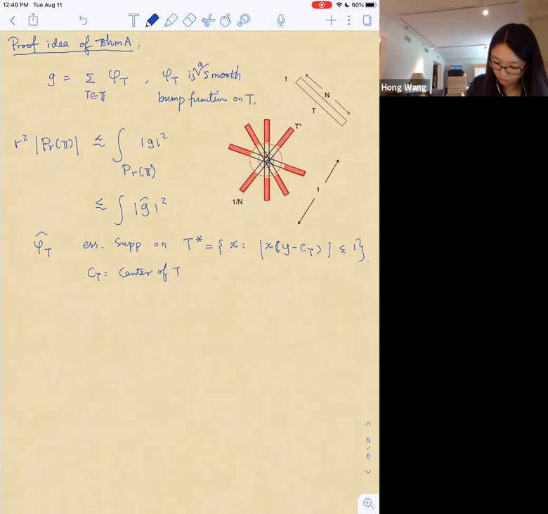Then we can decompose the essential support of G hat into different frequencies.